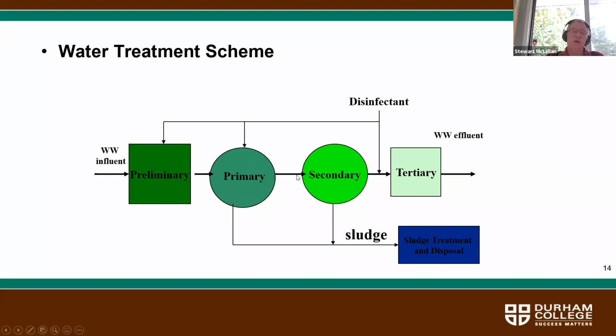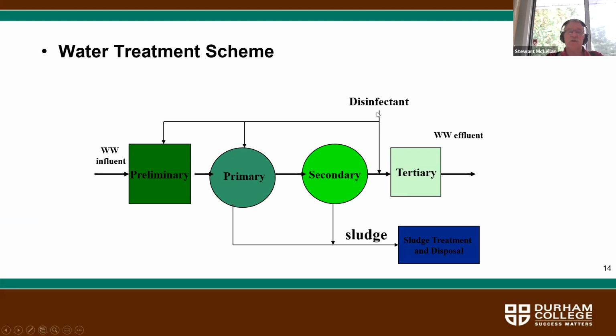Once you're through the primary treatment, you're now into the secondary. That's where you're into more of the chemical type treatment processes, and you do get solids removed from the secondary process. Again, that goes to sludge treatment and disposal.